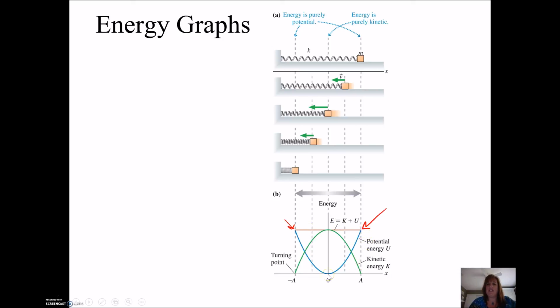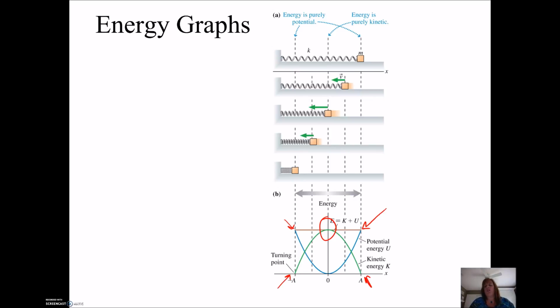And when I'm at the equilibrium position, it's 0. Makes sense, x is 0. And here's my kinetic energy. It's 0 when I'm at the amplitudes, because I stop, but it's a maximum up here when I'm at x equals 0 because I have a maximum velocity and I have no spring potential energy.